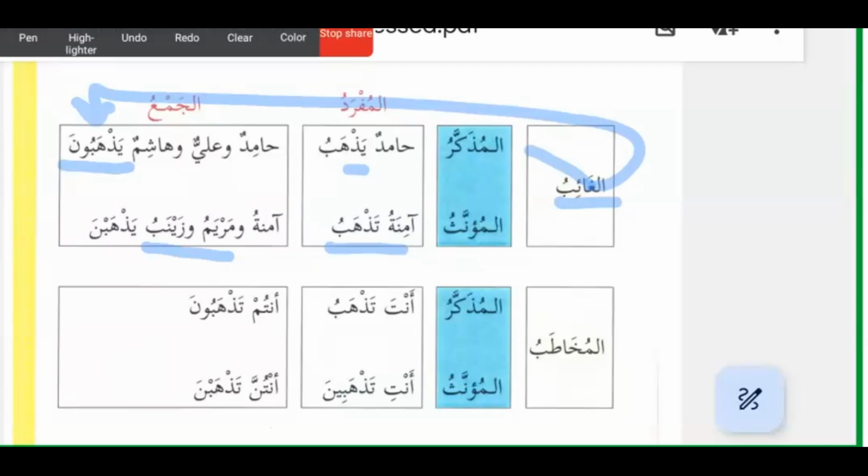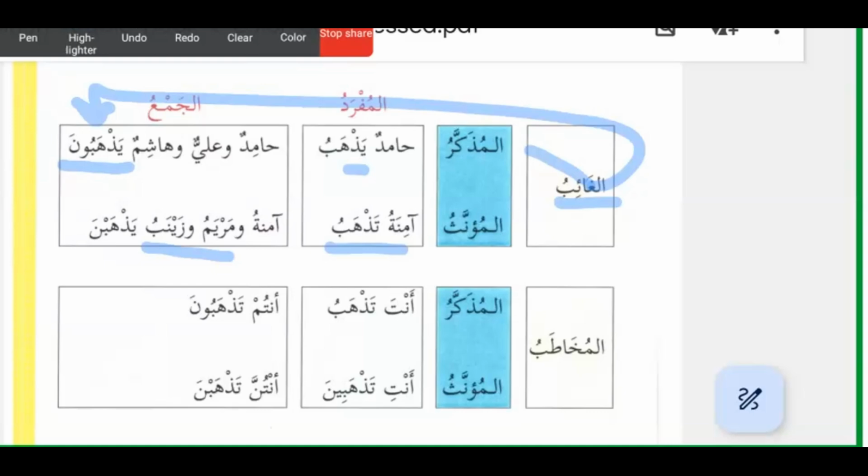Left will not be here because this is a state where they are in the present tense. If we say they left, it will come as zahabna. Zahabna will come for the past, but for the future we will say they go. So we can say they go, or they are going, or they will go. So Aminatu wa Maryamu wa Zainab yazhabna. This is for the jama.